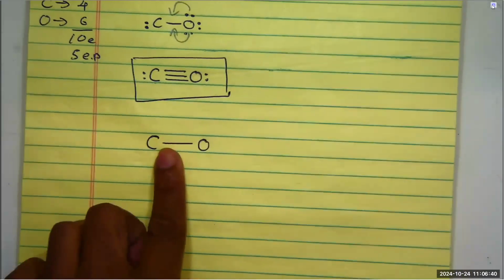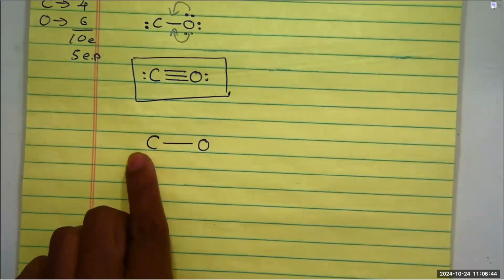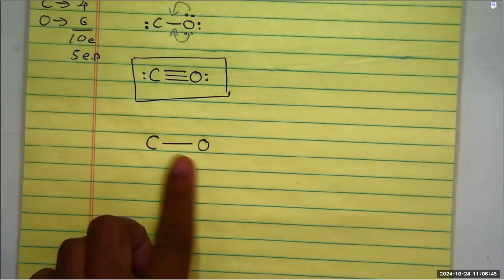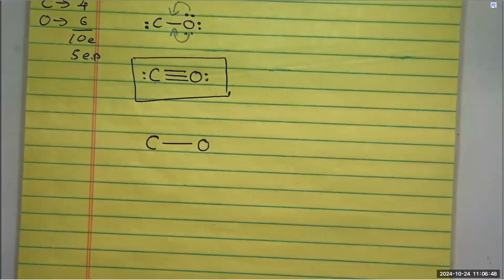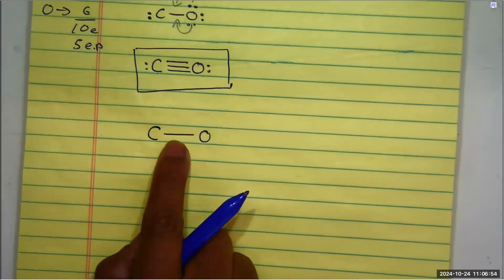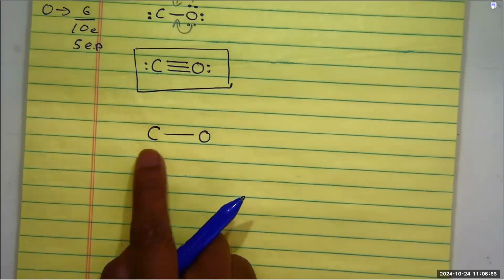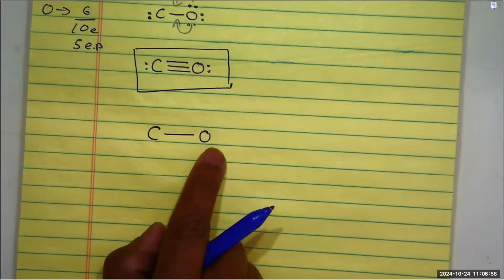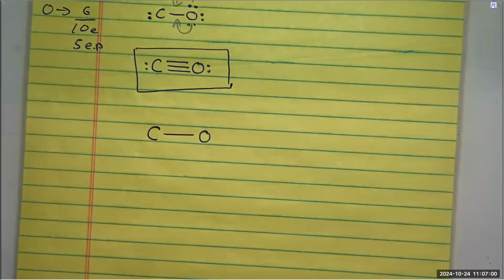These bonding electrons, will they spend more time around carbon, oxygen, or at the center? Go ahead. One more time. The bonding electrons indicated by this line, will those electrons spend more time around carbon, oxygen, or at the middle? Go ahead.